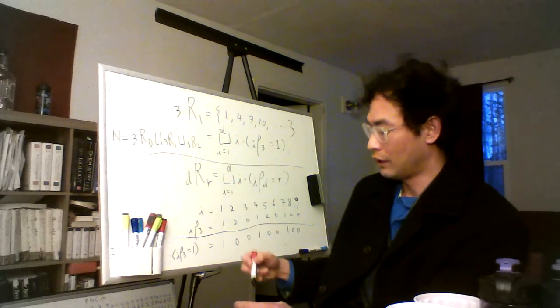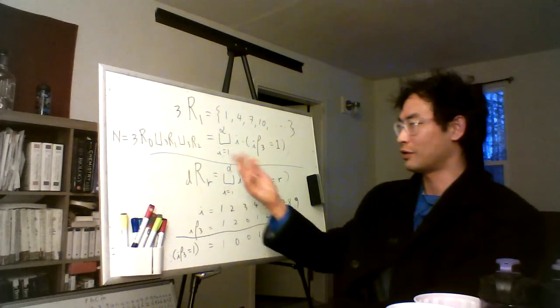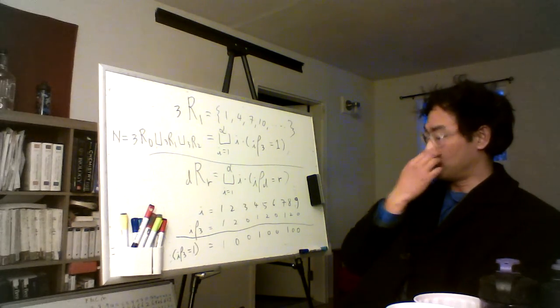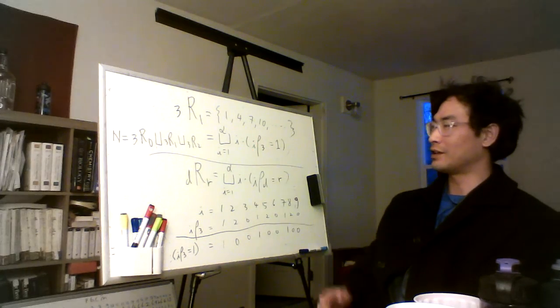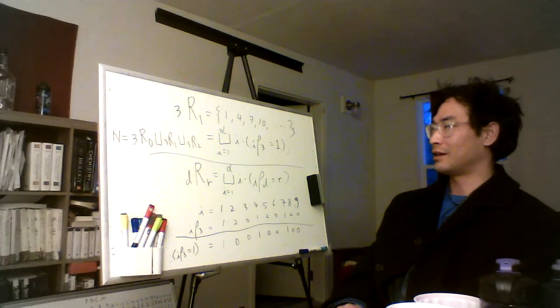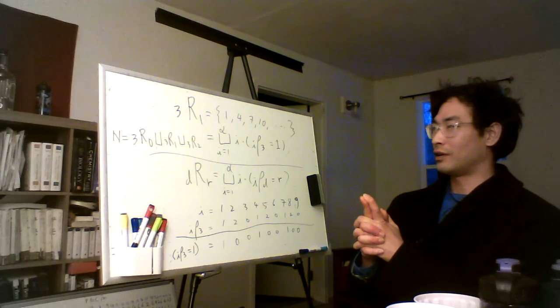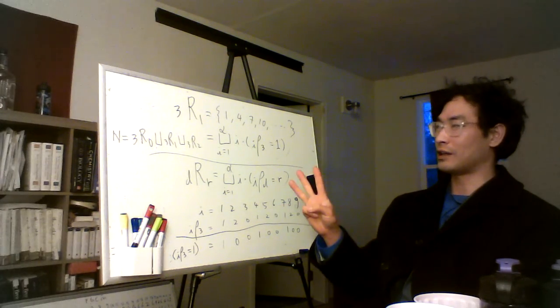You're categorizing all the non-negative integers, natural numbers, into three categories. Every single natural number can be classified into three categories.